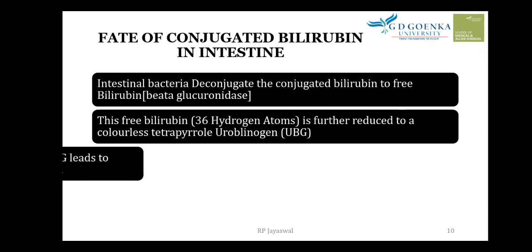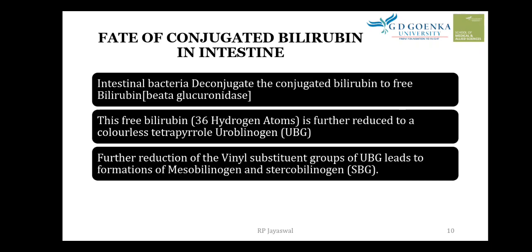Then the further reduction of the vinyl substituent groups of urobilinogen leads to the formation of mesobilinogen and stercobilinogen. So you have to understand that free bilirubin is reduced to urobilinogen, and urobilinogen is further reduced to mesobilinogen and stercobilinogen.